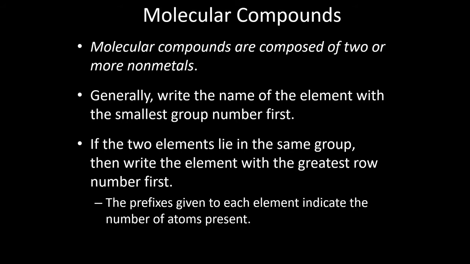And so the element that is farther to the left on the table is going to be to the left in the name, or in the formula. So farther on the left means it'll be farther to the left in the formula. If you have two things that are in the same column together, so for example oxygen and sulfur are in the same column in the periodic table, the one that's farther down on the table will come first.